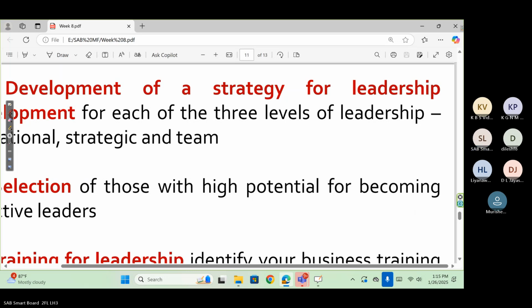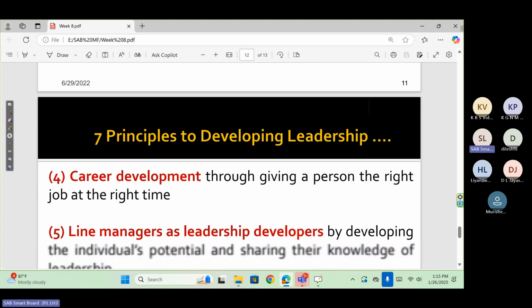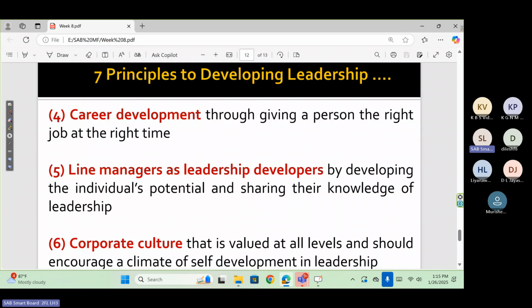So, the fourth one is also a main HR function, an advanced HR function. Training should be presented as career planning and development. It is another HR function, no?